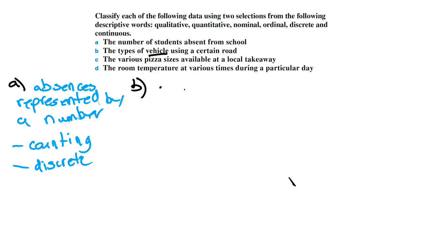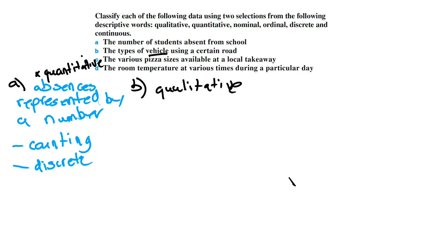So this one's qualitative. Oh, I should have put over here, this is quantitative. I think I spelled it wrong. Okay. All right. So B is qualitative.